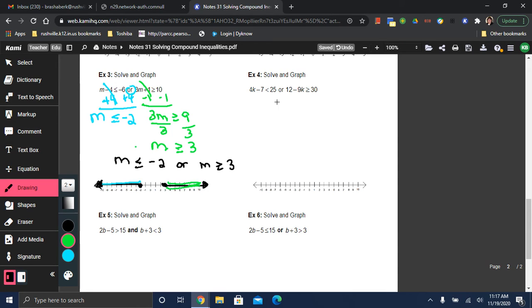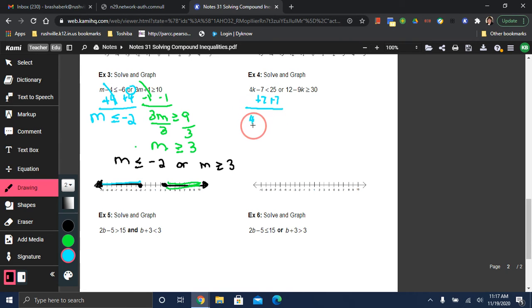All right, and then number 4, we have, again, an OR problem. So we'll solve each part separately. I'm going to start with 4k minus 7. I'll need to undo -7 by adding 7.